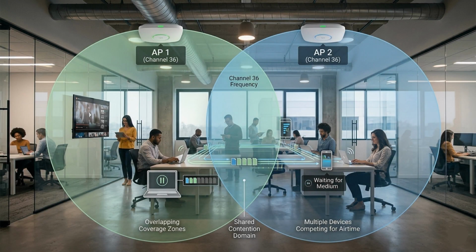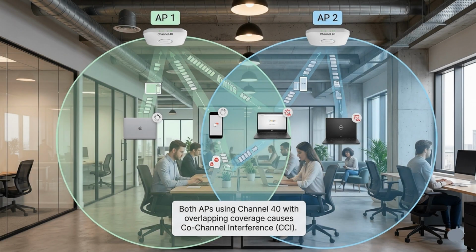How CCI works. When multiple access points operate on the same channel with overlapping coverage, they and their connected clients form a single contention domain. As a result, all devices must share the same frequency for transmission. For example, if access point 1 and access point 2 both operate on channel 40, and their coverage areas overlap, co-channel interference occurs.